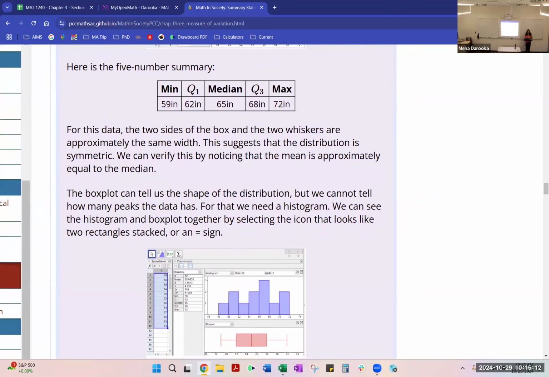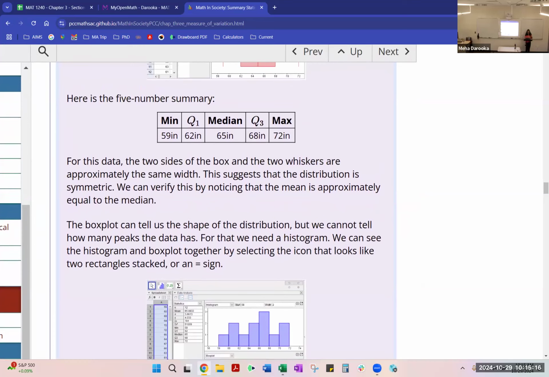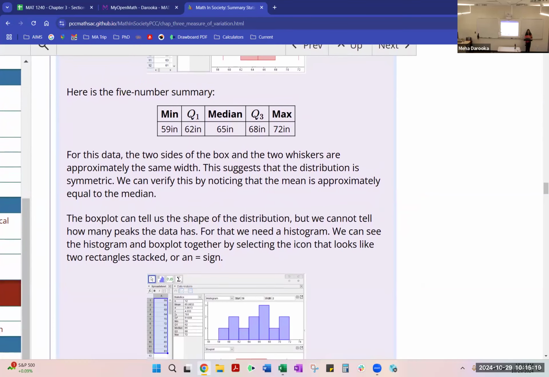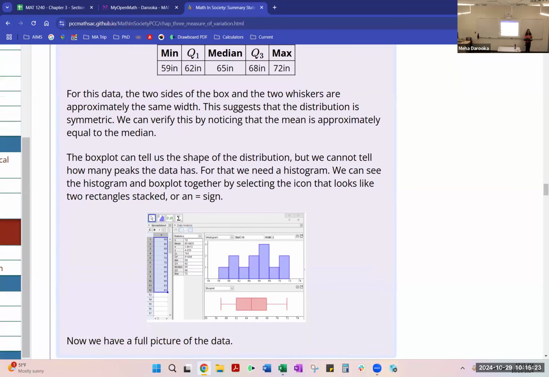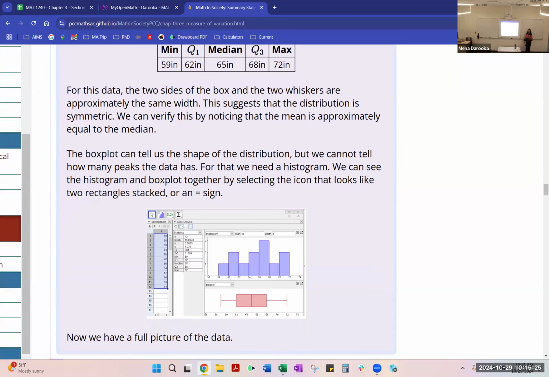So this one definitely has only a single peak, I would say. And even though they are saying this suggests that the distribution is symmetric, they're saying we can approximately show that the mean is equal to the median. So we can make the argument for symmetry, as Jessica was talking about, especially when you look at the box plot compared to the histogram. I think we see better symmetry in the box plot.